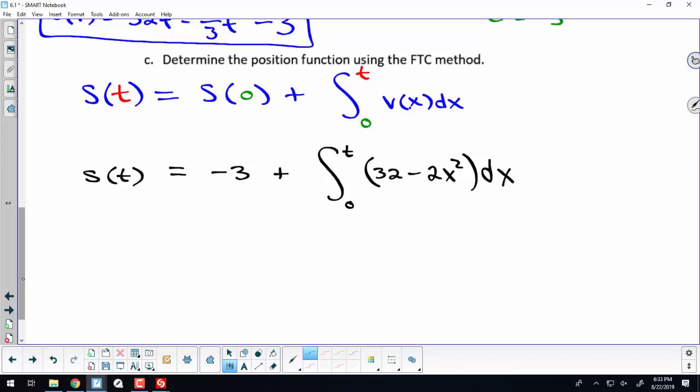Remember, since we're integrating with respect to x, this upper and lower limit of integration are x values.